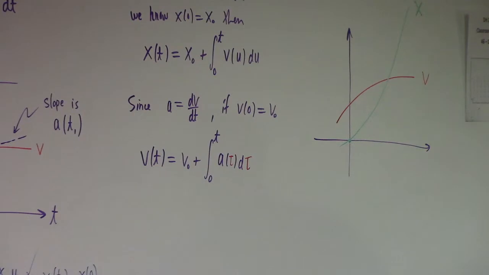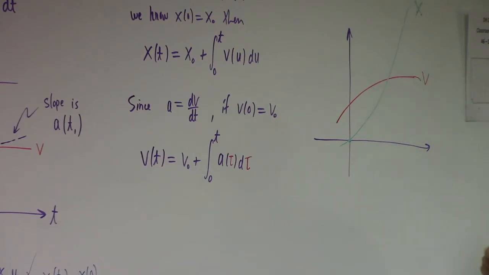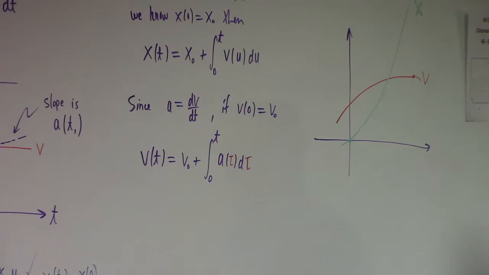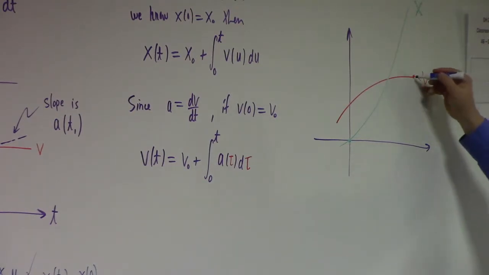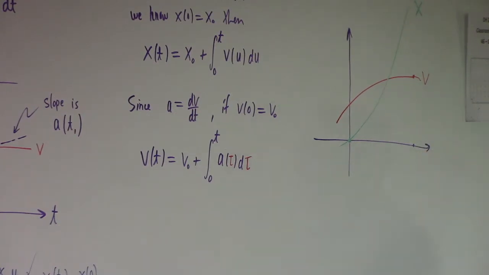So let me just make it blatantly so. There's some kind of horizontal tangent in the velocity, up to the limits of my artistry. That makes the acceleration 0 wherever the velocity stops increasing and starts decreasing, or vice versa. That's a place where the acceleration must be 0.